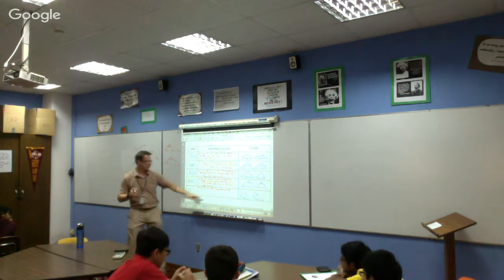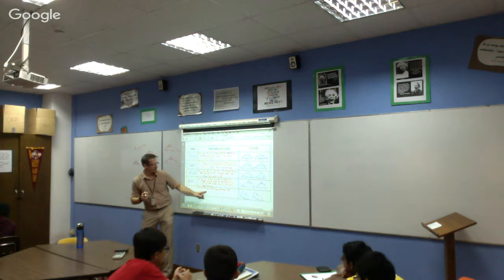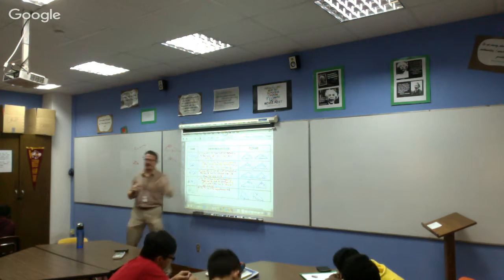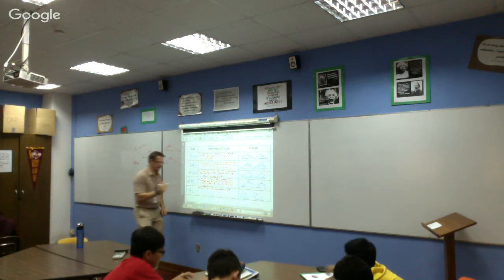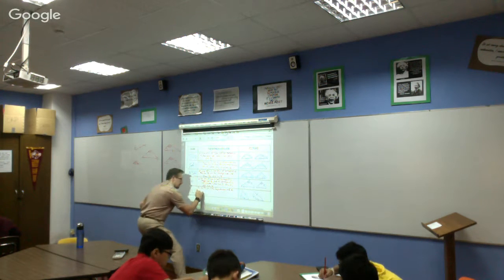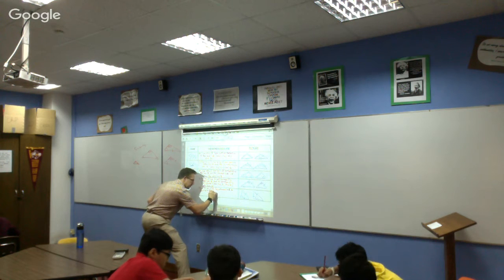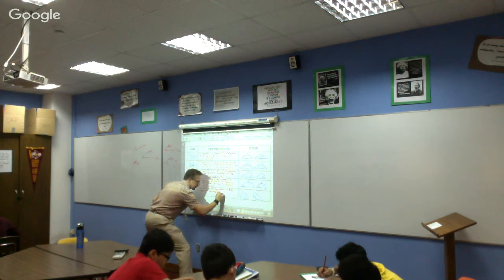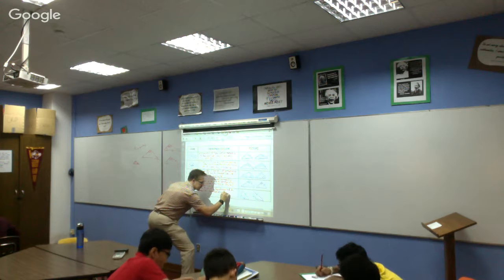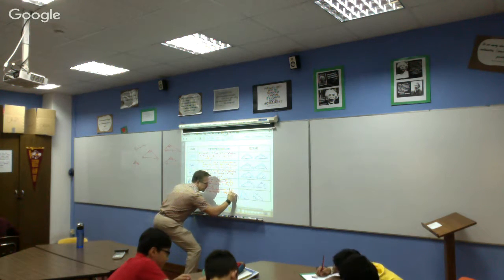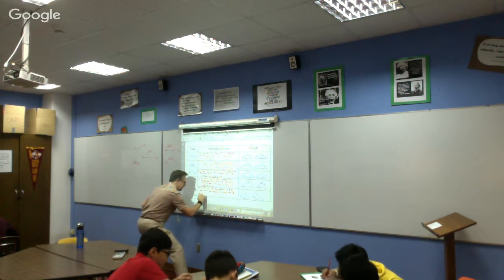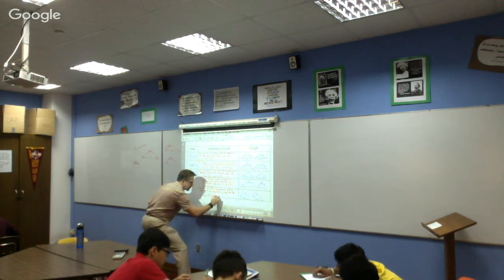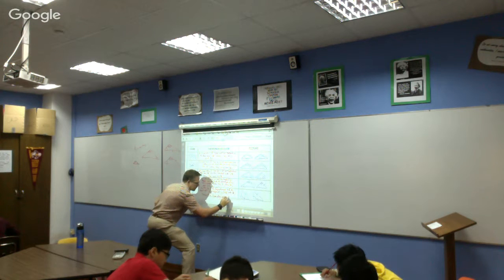Corresponding legs, thank you. So in two right triangles, if the hypotenuse and a pair of corresponding legs are congruent, then the two triangles are congruent.